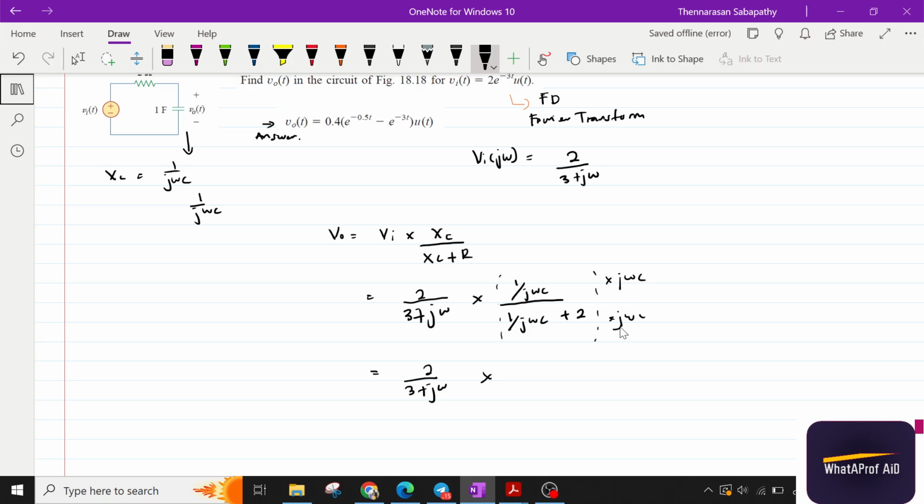So here you will have 1 plus 2j omega. To make the j omega without any number, we can divide by 2, or multiply by half, up and down.